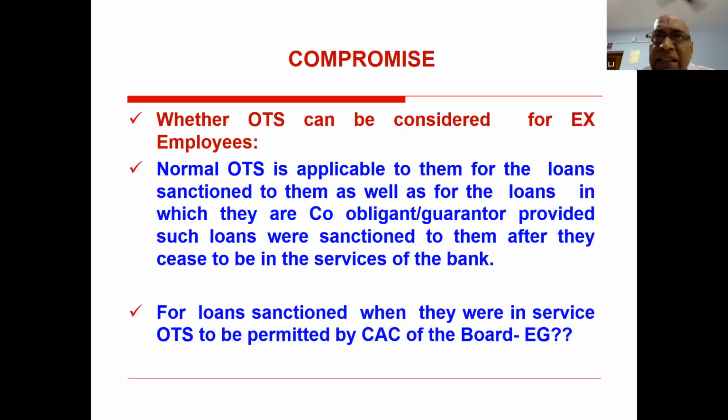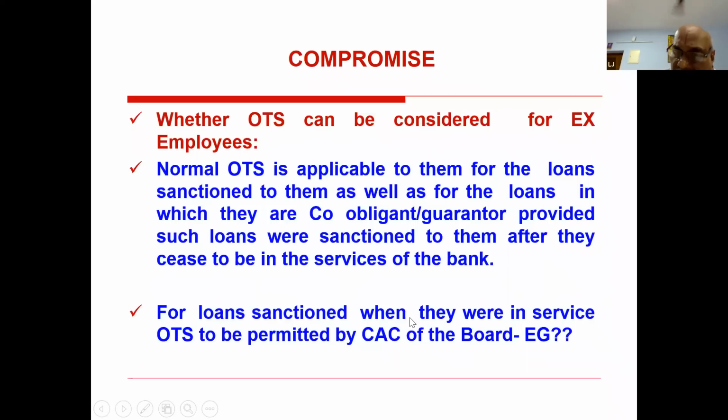The one condition is the employee should stand as a guarantor or a co-obligant for that loan. So during in service, let us assume bank has sanctioned a retail loan to a close relative of the employee. The employee was a guarantor or co-obligant. After the employee retired from the services of the bank, that loan became NPA. So that will fit in here.